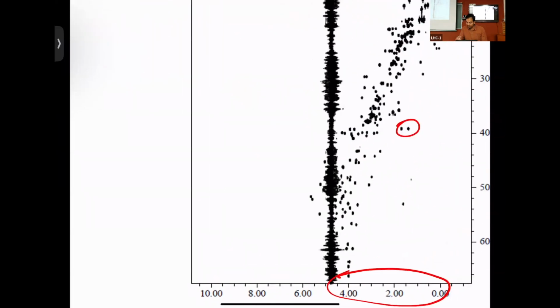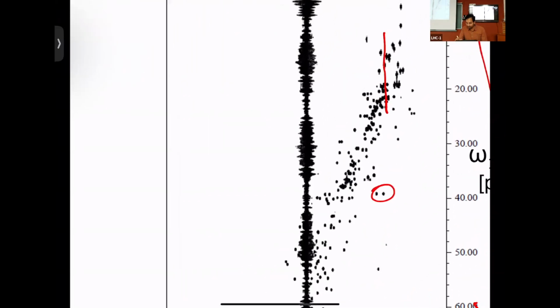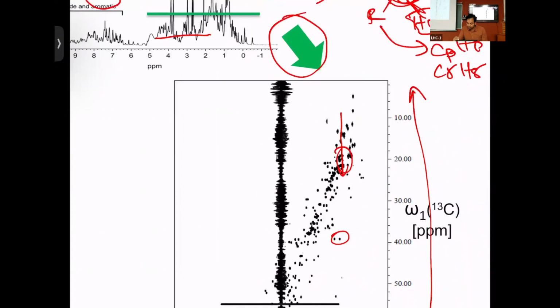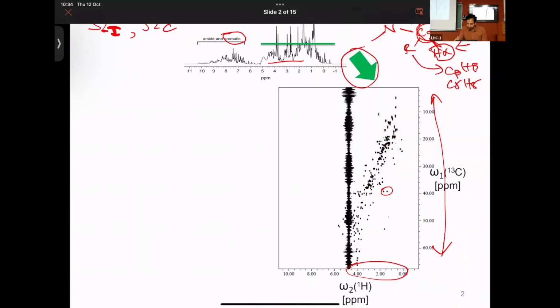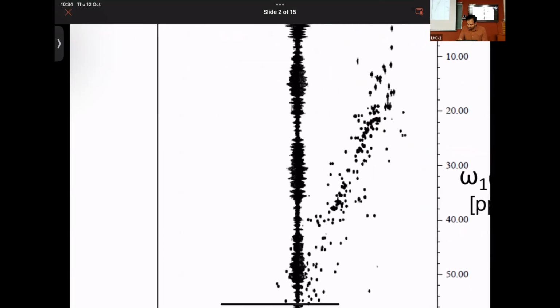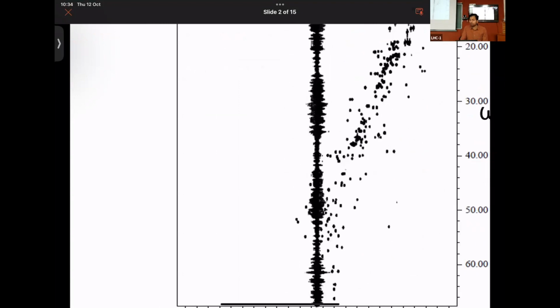For instance, if you take this proton dimension, proton ppm, you have too many protons that are overlapped with respect to each other. But the 2D NMR, let me erase it, allows you to calmly sit and still pick up so many protons that are there. Do you guys follow that?